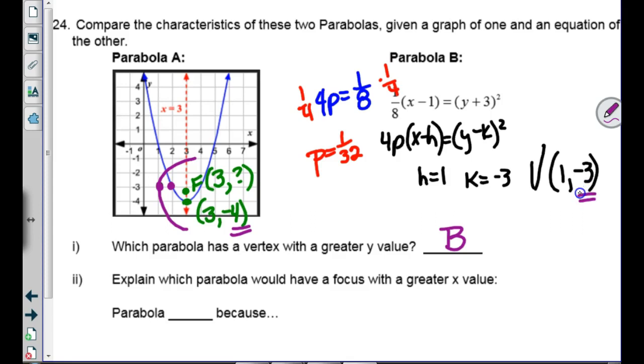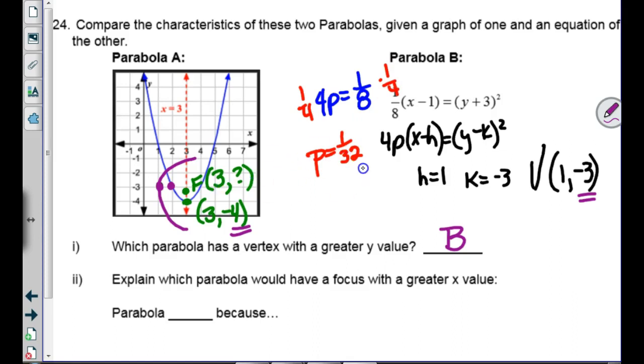Because it's more positive. Okay, explain which parabola has a focus with a greater x value. X is left or right? So which one is going to be further to the right? Okay. 1/32 is really tiny, right?